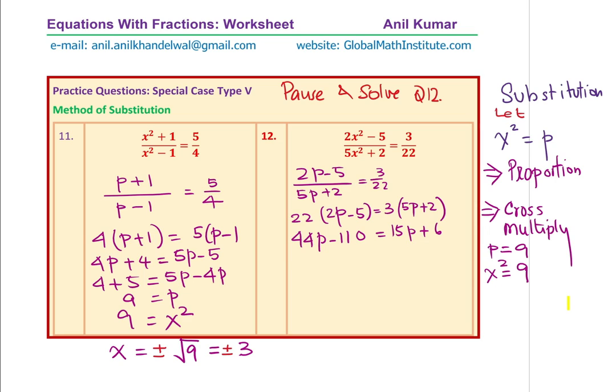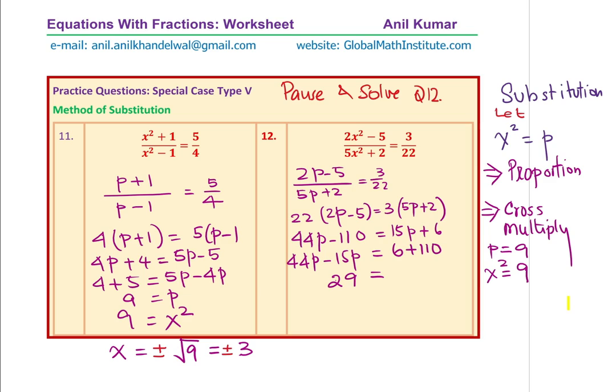Bring the variables together. 44p minus 15p. I prefer to keep the variable term with a positive coefficient. It is easier to work like this. Now, take away 15 from 44. What do you get? 29.